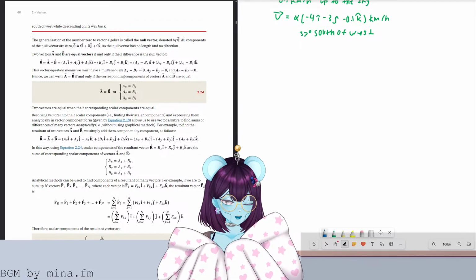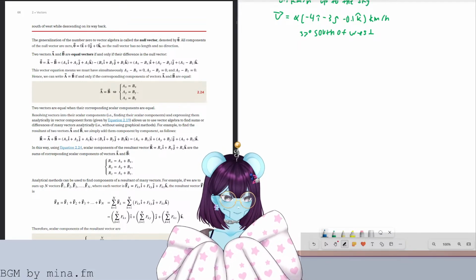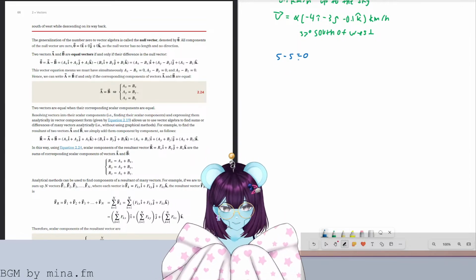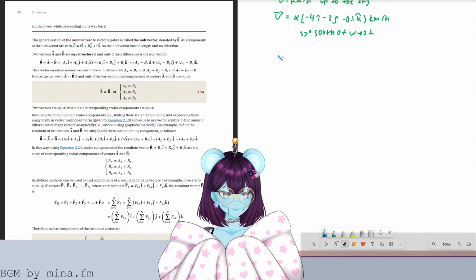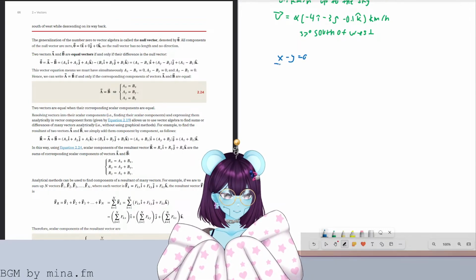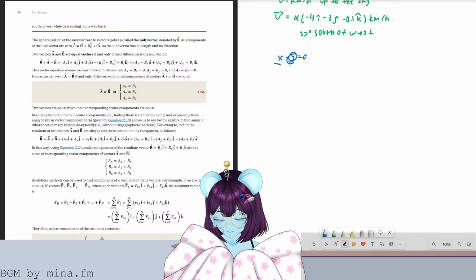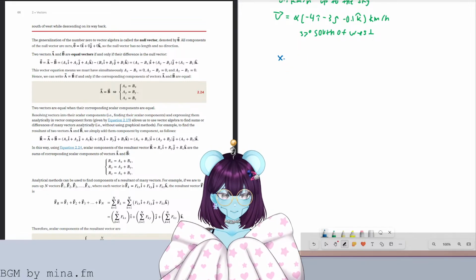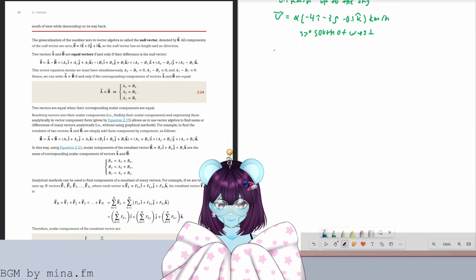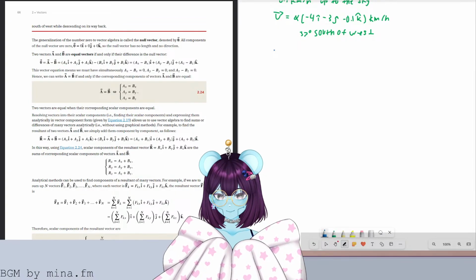Basically, if you take something that has a value of 5 and subtract 5 from it and get 0, you know that they are equal to each other. Say x minus y equals 0, and you know the value of x. That must mean y is equal to x. In this case, we relate that back to vectors: if you subtract the two and you get the null vector, then they are equivalent.